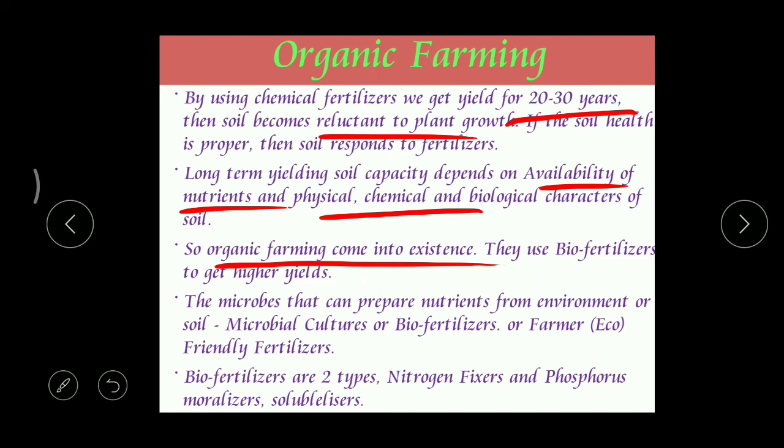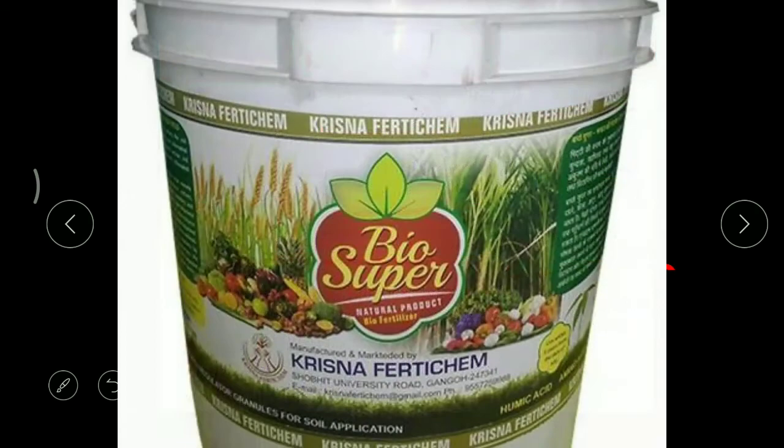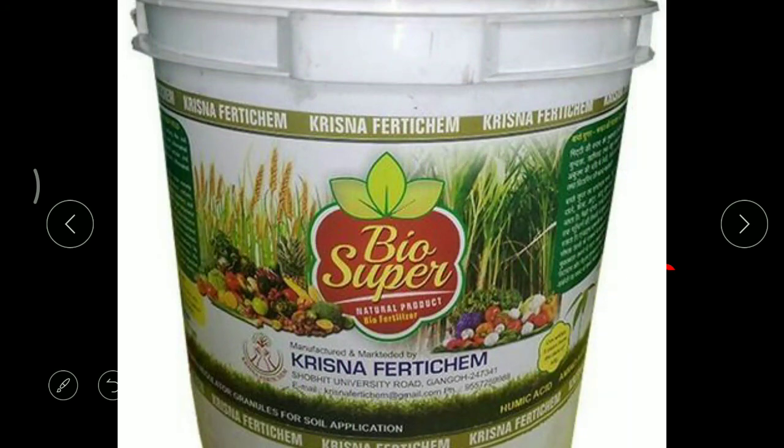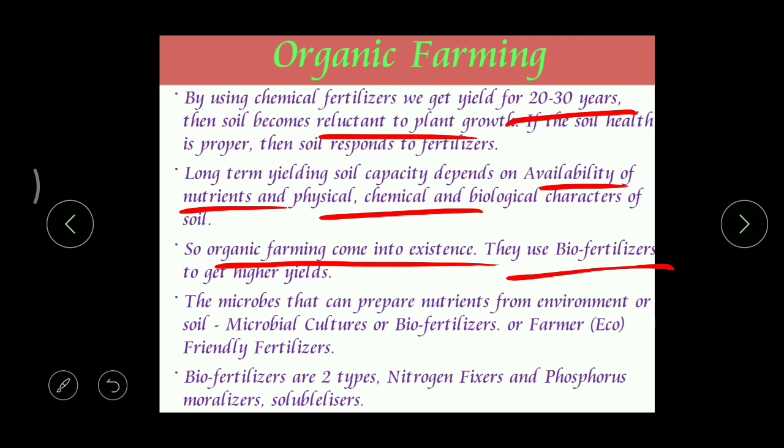And in this organic farming, instead of chemical fertilizers, we use biofertilizers. Bio means the fertilizers which are made from biological substances, natural materials, made from plant materials and animal materials, or microorganisms, right?